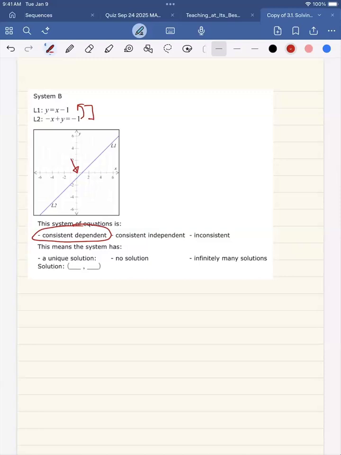So all the points on this straight line satisfy both equations. So there are infinitely many solutions.